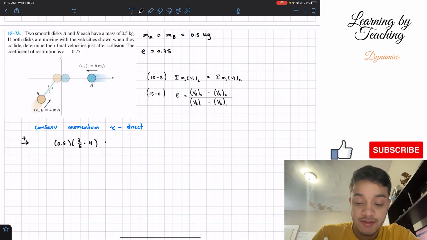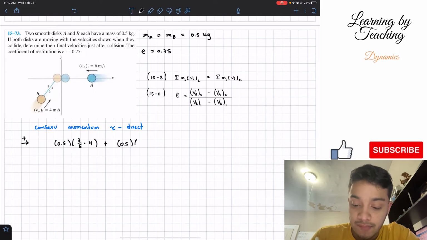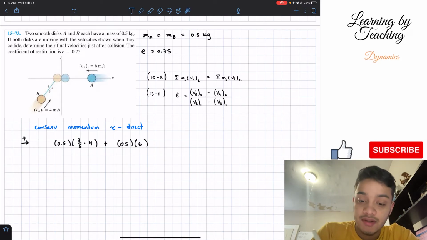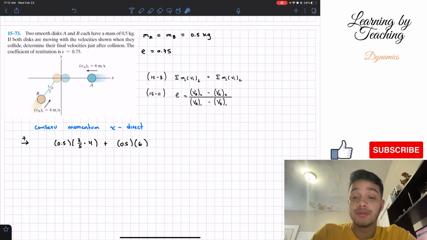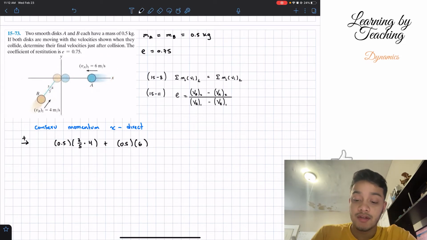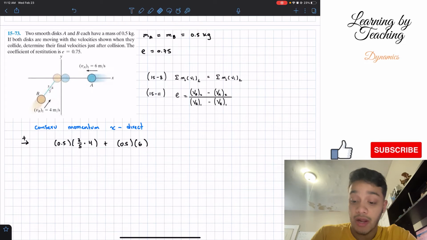So this is our momentum for disk B in the x direction. Then for disk A, we have 0.5 multiplied by 6. This entire velocity is going to the left, so I'm sorry, I forgot to put the negative. So we have -6 because it's going to the left.